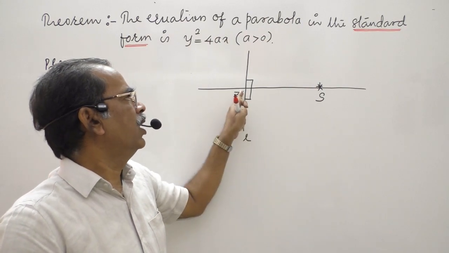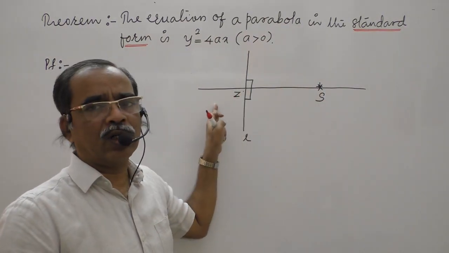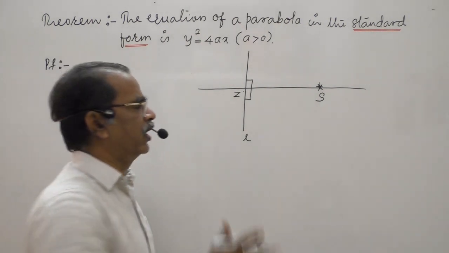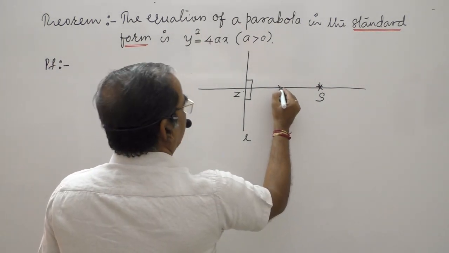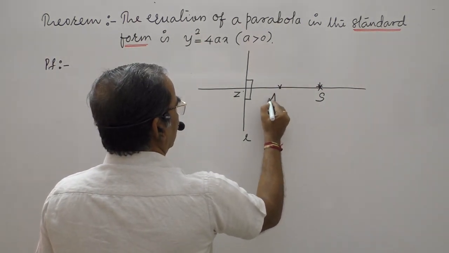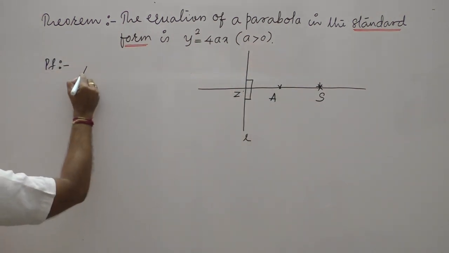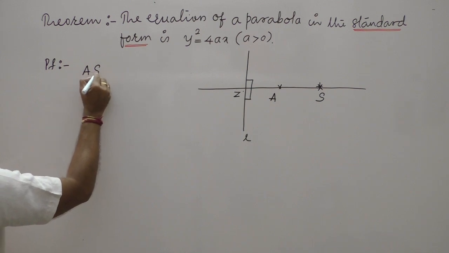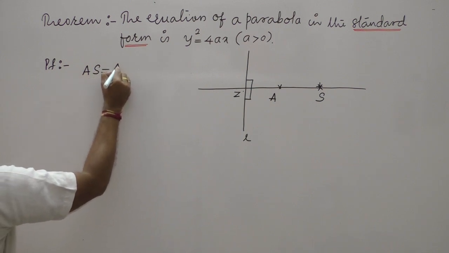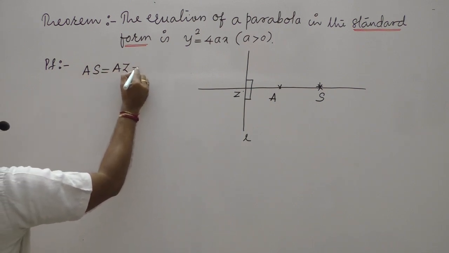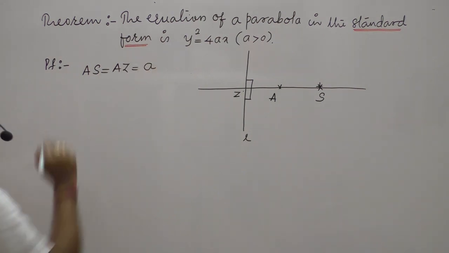Next, draw perpendicular SZ from focus to directrix. Next, third step. Let A be the midpoint of SZ such that AS is equal to AZ is equal to small a.